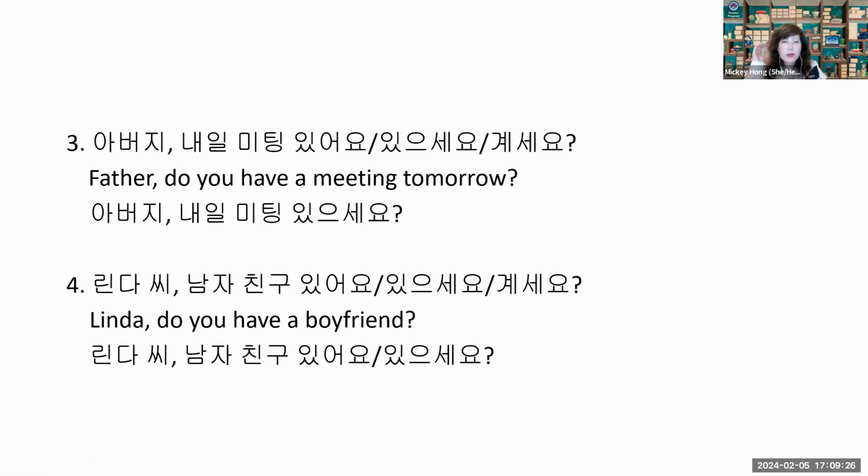Even if it is somebody who's equal or younger, just to be polite, if you are asking not about things, whether they have a pen or pencil, but if they have a boyfriend, if they have siblings, especially older siblings, do you have an older brother or sister? Please ask the question with 있으세요 instead of 있어요. I guess with a younger sibling, 동생, you can just say 있어요 and not be rude. But if it's 언니, 누나, 형, 오빠, it would be better to ask with 있으세요.